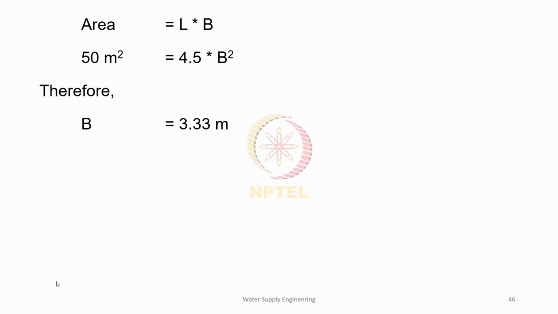So we know that the horizontal velocity VH is equal to flow rate Q, or discharge Q, divided by B into H. Here we have determined B as 3.33.